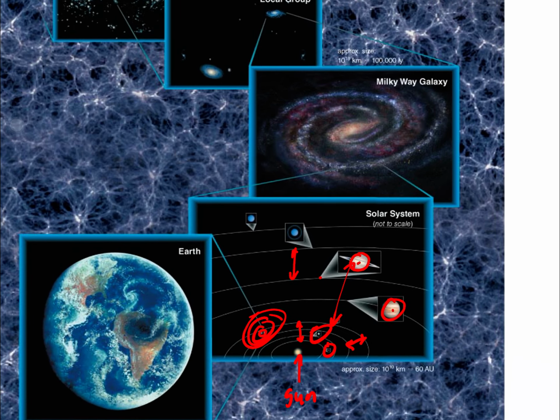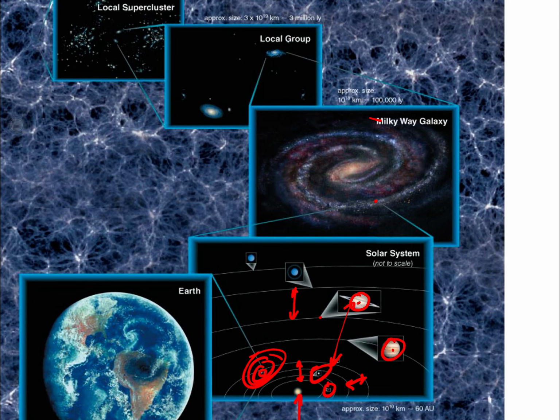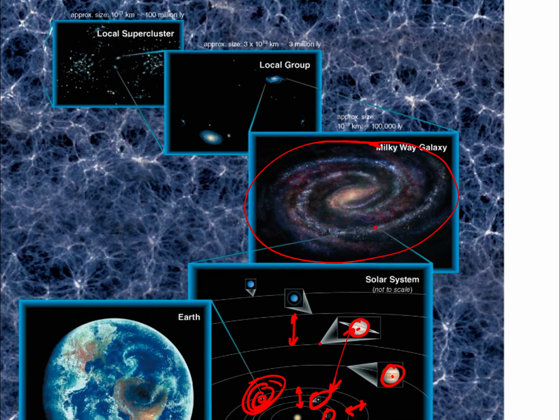But our solar system is just one little tiny speck in one arm of a vast galaxy. This galaxy has hundreds of billions of stars, about 100 billion stars like ours, most of which have their own solar system and their own system of planets circling around them.